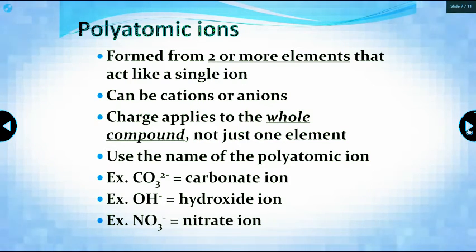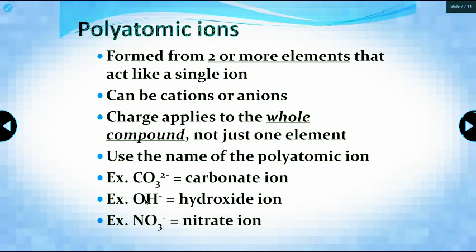And then that oxidation number, that charge, is going to apply to everything in there, not just one of the elements in there. So if we look at CO3 2-, that 2- is applied to all 3 oxygens and the carbon. So it goes as a whole group. OH-, this 1- charge, is applied to both the oxygen and the hydrogen.